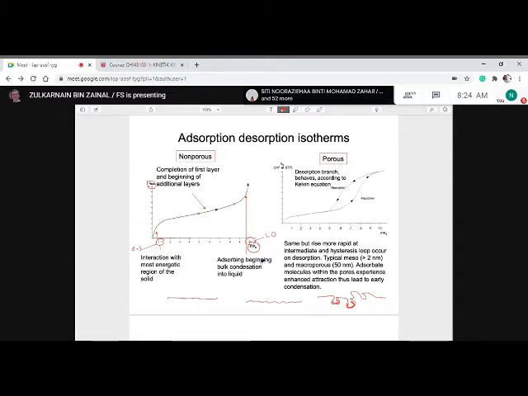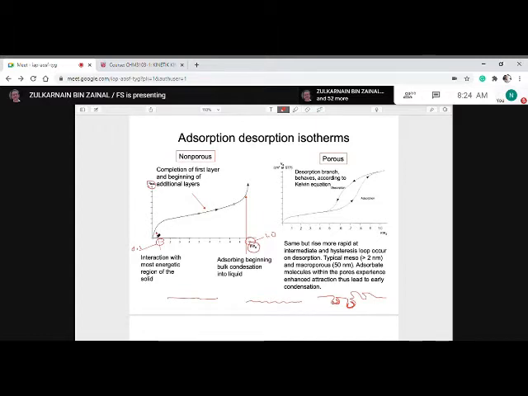You can see that for non-porous materials, the adsorption occurs when you start giving pressure. What happens when we give pressure? It means we get the gas or the adsorbate to adsorb on the surface.